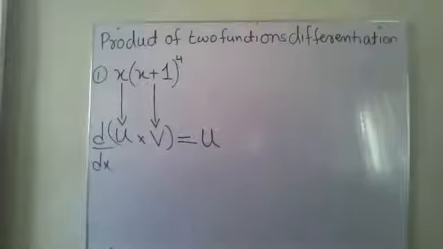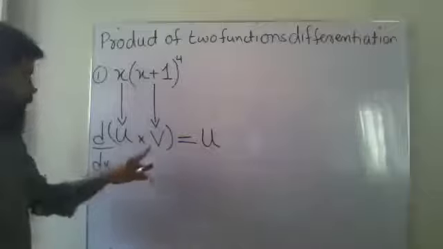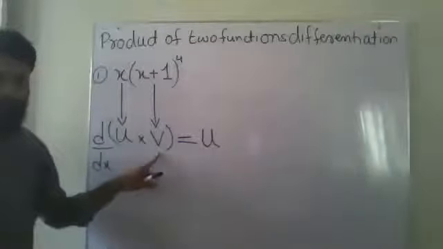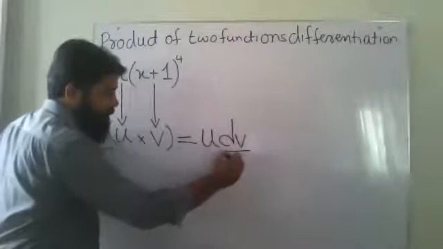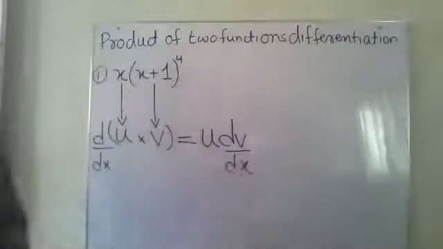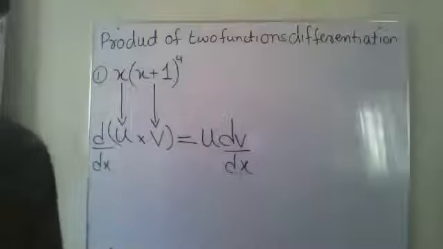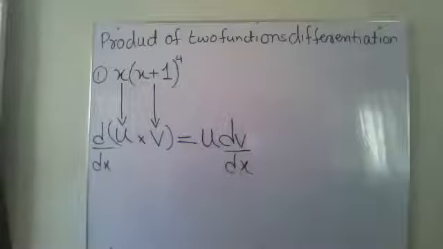Once you have written your first function as it is, you will differentiate your second function and multiply it over here. So what is the rule? The rule says the product of the first function with the differentiation of the second function.